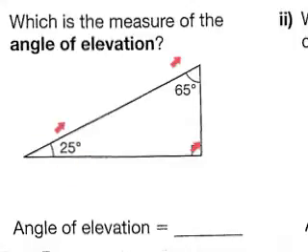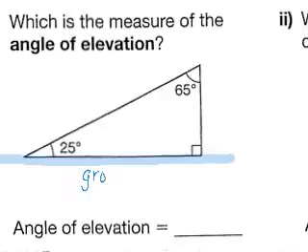So just a reminder, the angle of elevation is in relation to the ground. So if I'm looking at this triangle, I would assume that this is going to be the ground, or ground level.